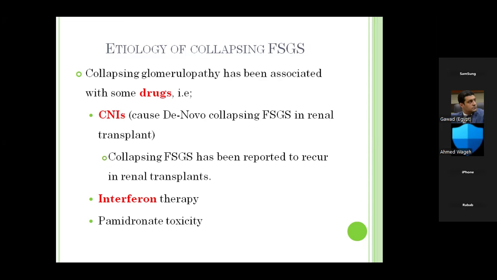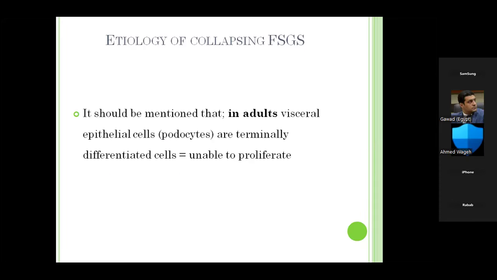Collapsing glomerulopathy can also occur secondary to drugs such as CNIs, and this can occur de novo without a previous collapsing FSGS. Collapsing FSGS has been reported to recur also in renal transplants, but it can occur secondary to CNIs, interferon therapy, and pamidronate toxicity.